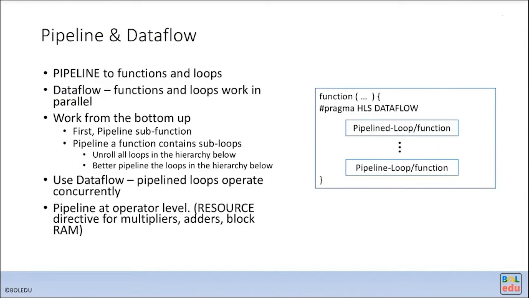Okay. So this diagram, this page, is quite important. It shows how you develop the code using the pipeline and data flow. So here is a function definition. Inside this function, you have a sequence of either pipeline loops or functions, and you want to use a data flow on it.